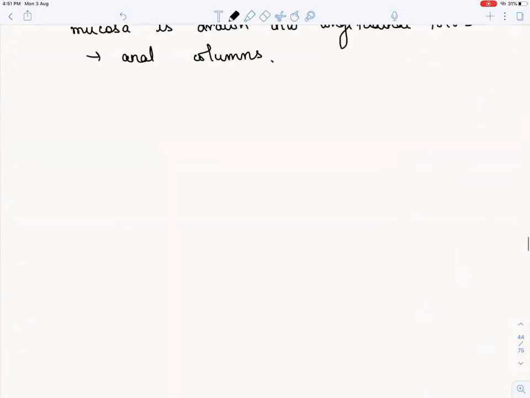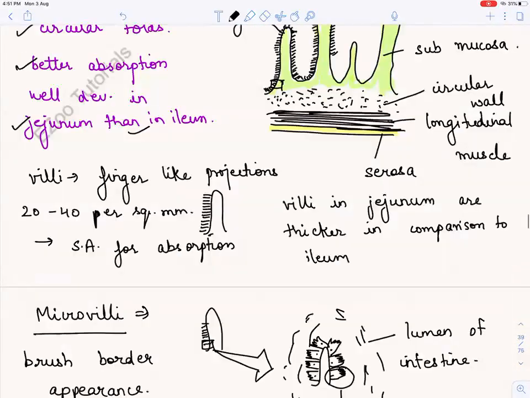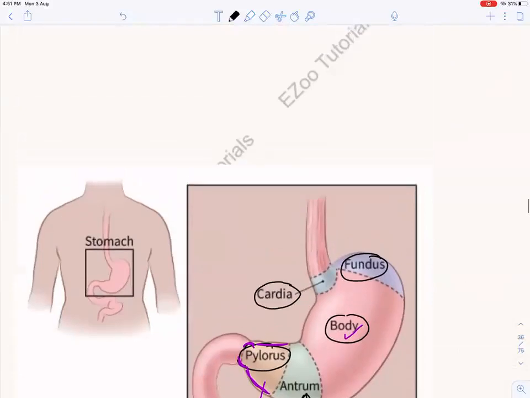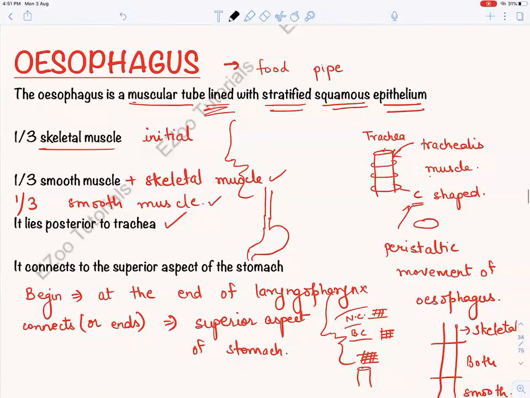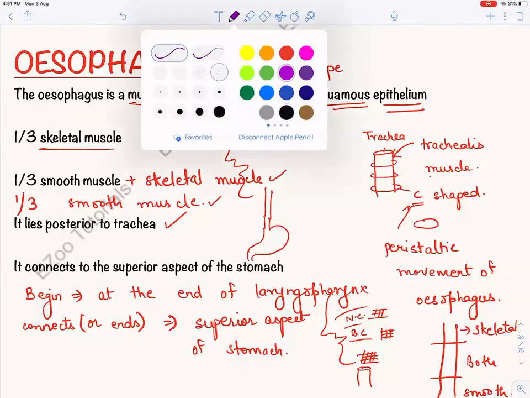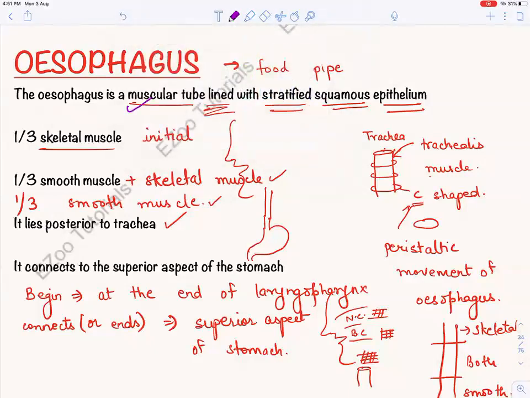Let us quickly see what we did today, and then we'll stop today's class. So we started with the esophagus, and we saw that it is a muscular tube lined with stratified squamous epithelium. You have to remember this.